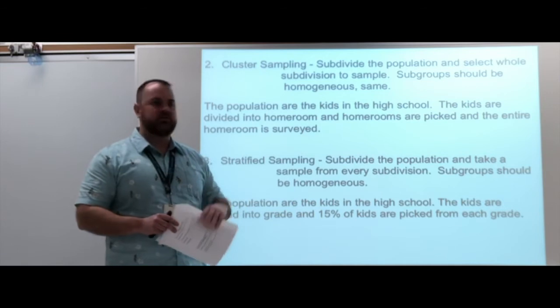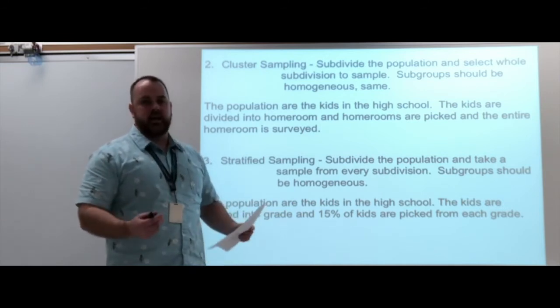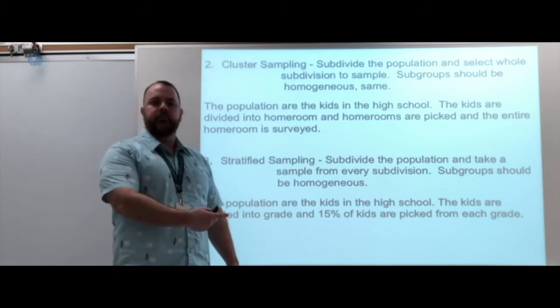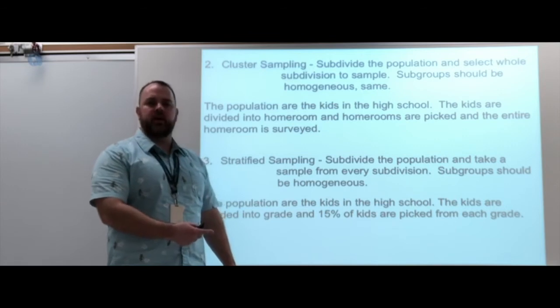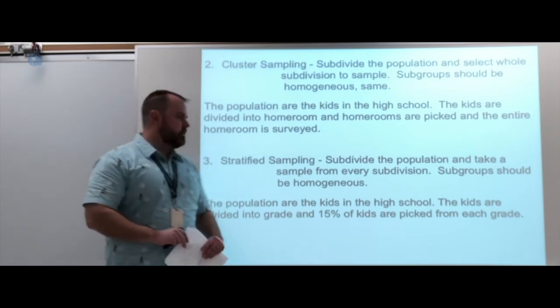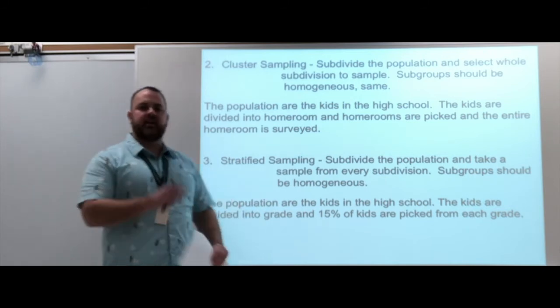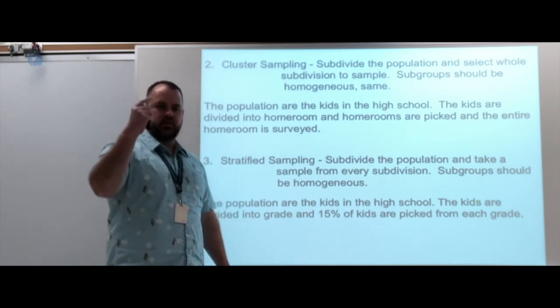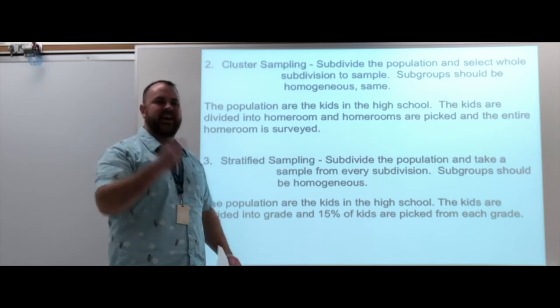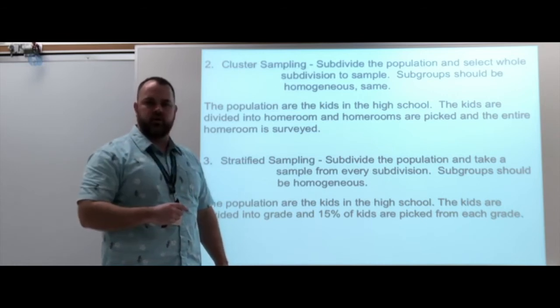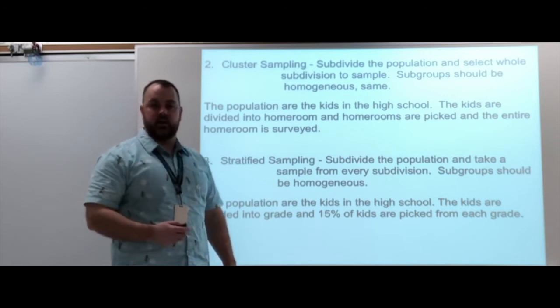Yes. Now the problem with that is freshmen were left out. So does that really represent our population? Not so much. If we do stratified sampling, we're going to take 15% of seniors, juniors, sophomores, and freshmen. Every single one of those grade levels is going to be represented in our sample.